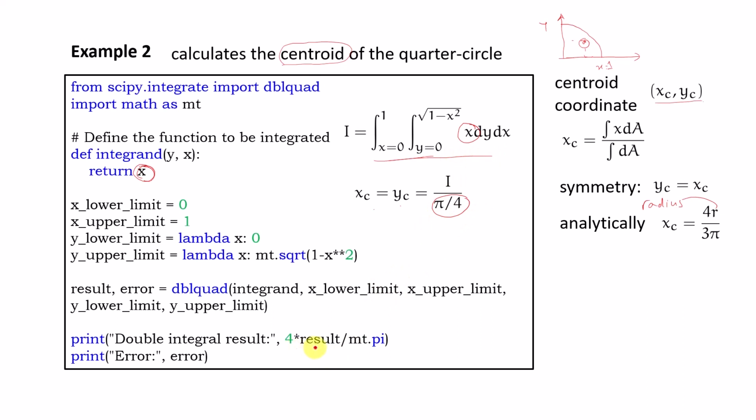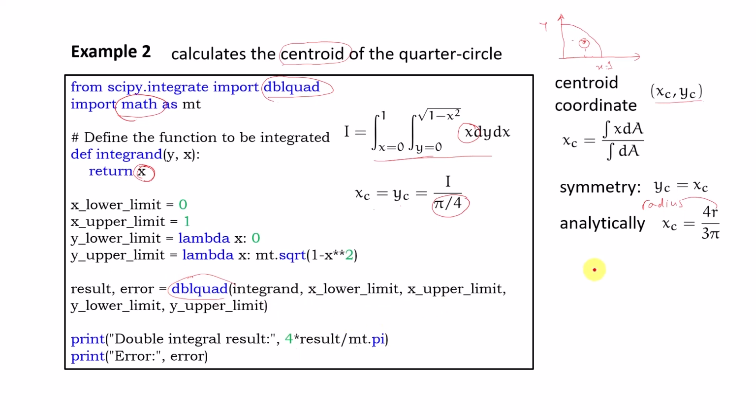So 4 divided by pi. This mt.pi is math.pi because pi is coming from this math package of Python. And then dblquad is the double integral package. So I am calling this double integral package with all these inputs.